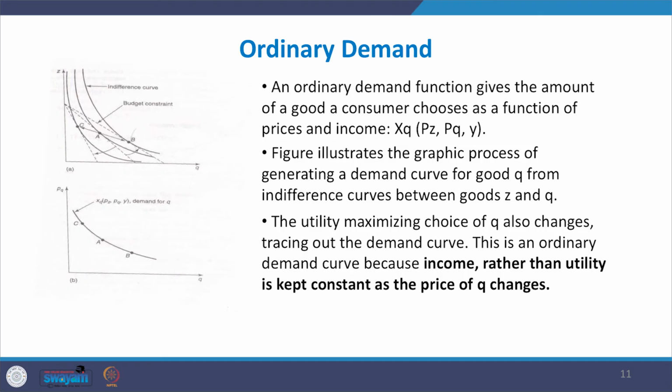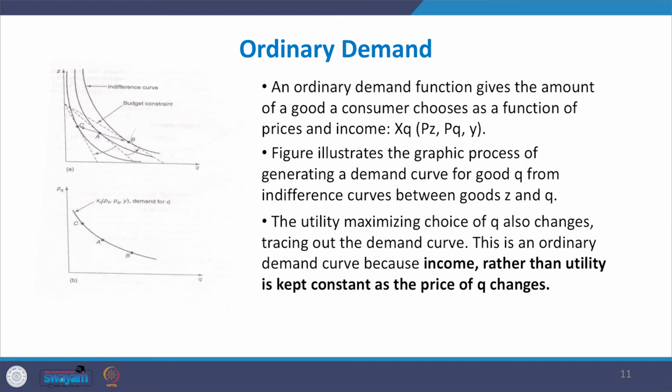But when the price of Q increases, then the welfare of the consumer falls and the consumer reaches a lower indifference curve at point C, and corresponding to this point C we have a point C on the demand curve.